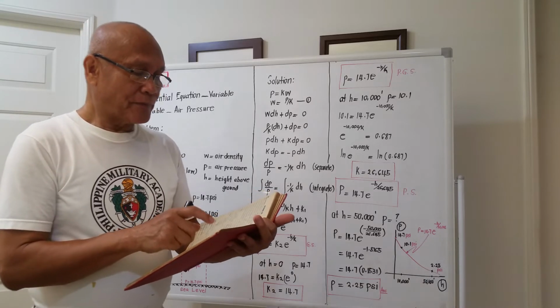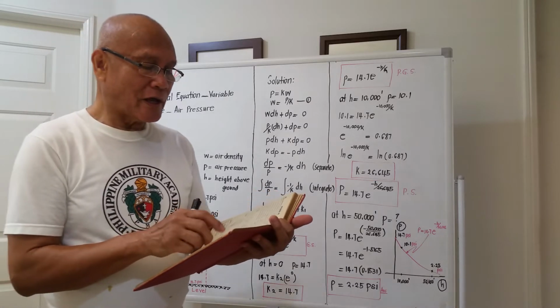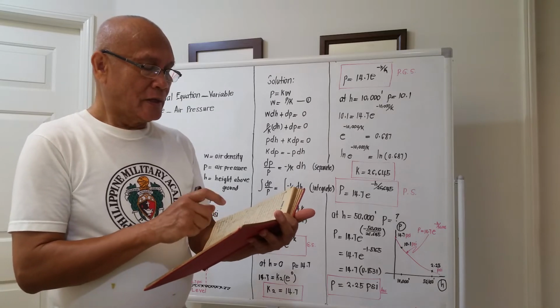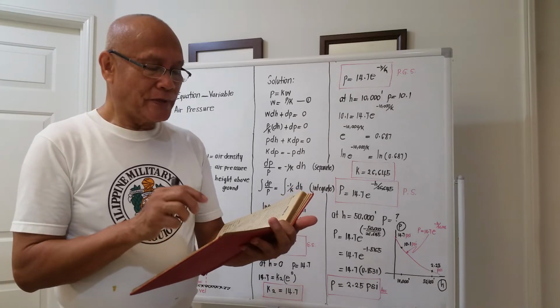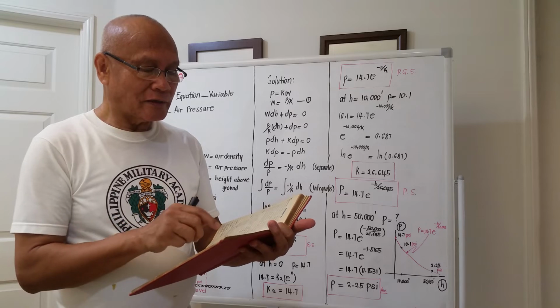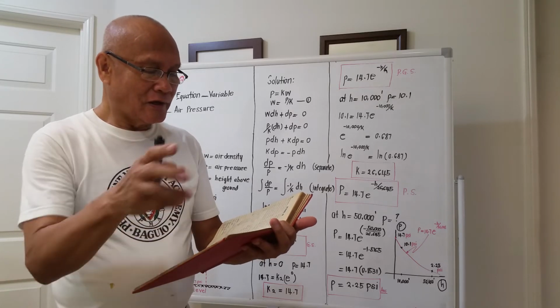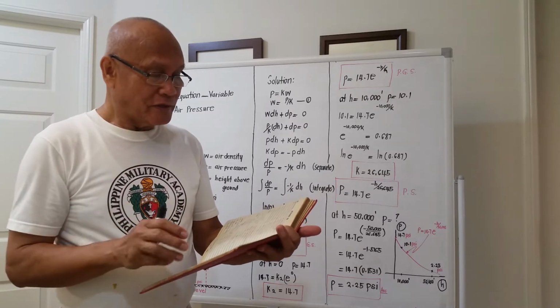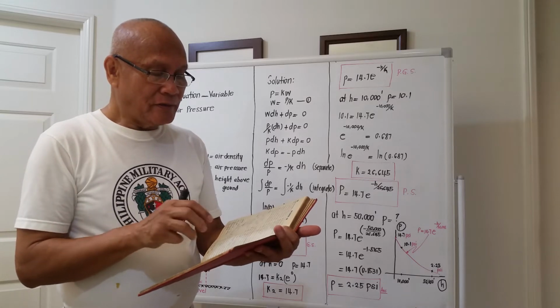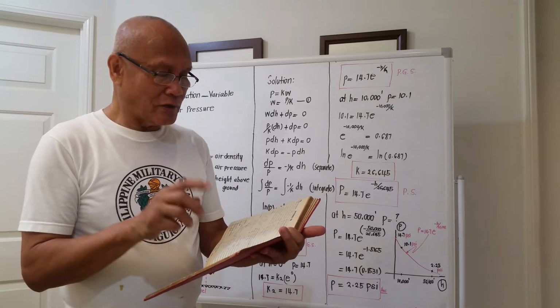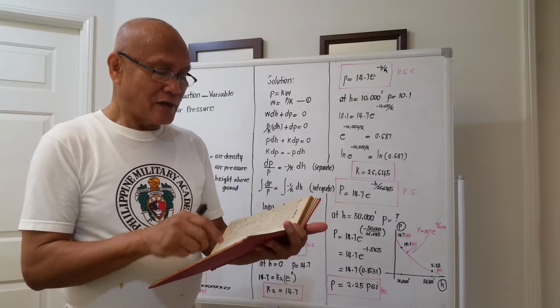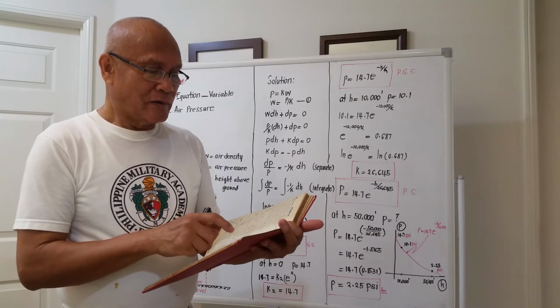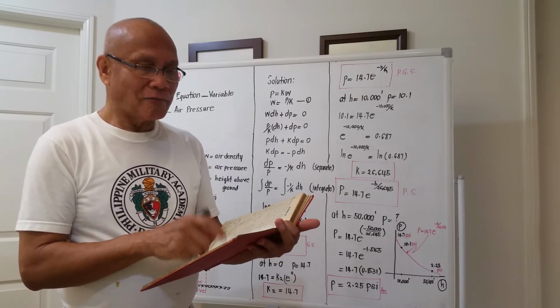If the atmospheric pressure is 14.7 psi at sea level and 10.1 psi, pounds per square inch, at 10,000 feet above sea level, the question is, determine the pressure at 50,000 feet on the assumption that Boyle's law, pressure is equal to kW, holds.